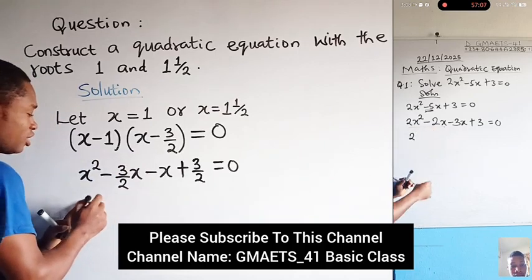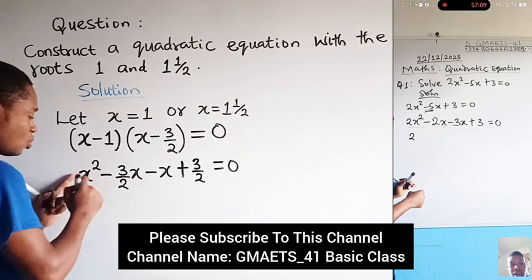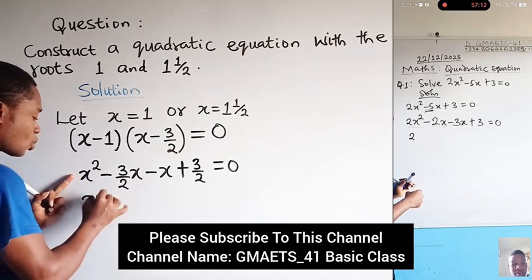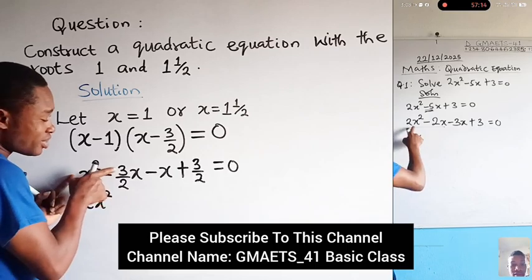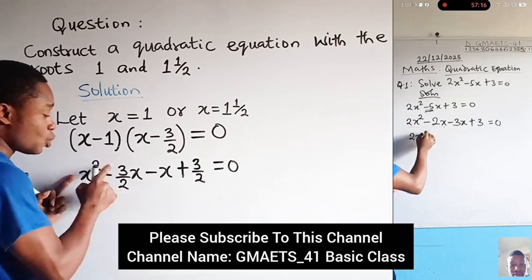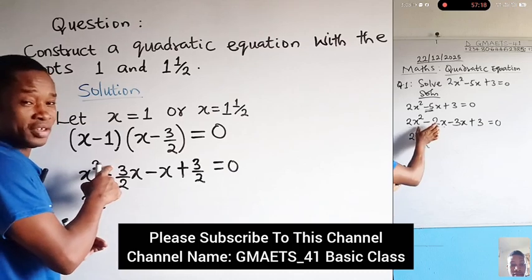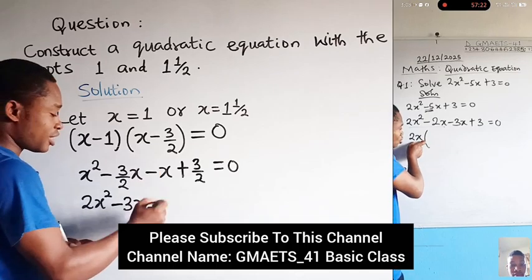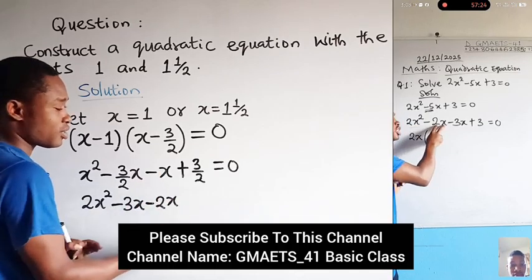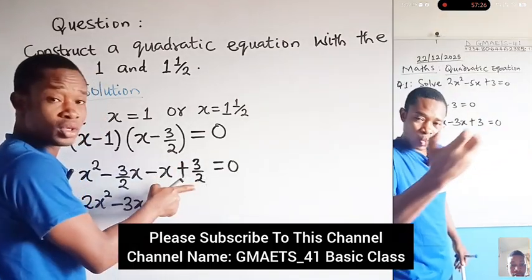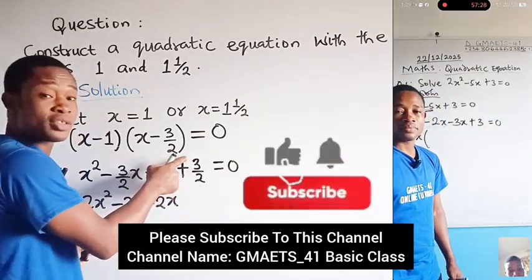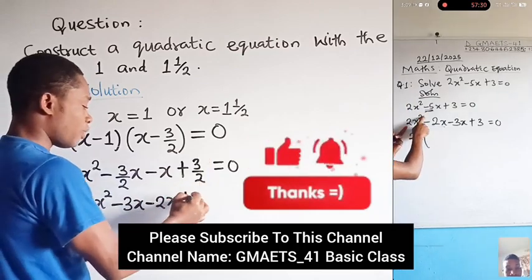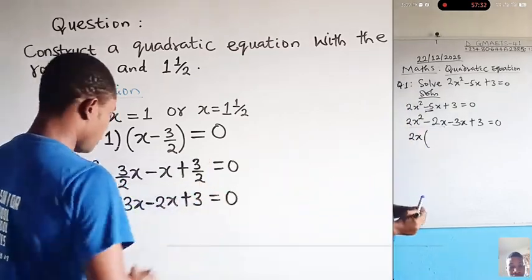So we would have 2 times this will give us 2x squared. Then 2 times 3x over 2. These two 2s will cancel, that is easy to multiply. So you'll be left with minus 3x. 2 times x will give us minus 2x. And then 2 times 3 over 2, that 2 over 2 will cancel. You'll be left with plus 3 equals 0.